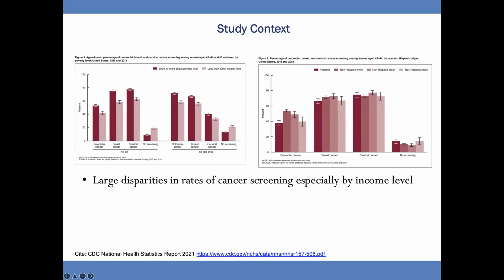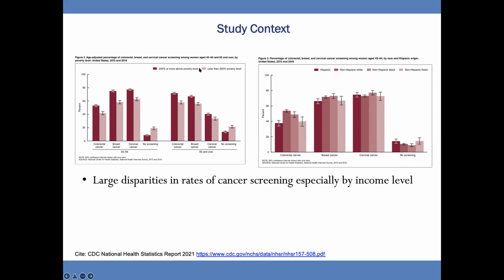So just a very brief context. People are supposed to do cancer screening at a certain frequency, but in reality you see that there are large disparities, especially by income.